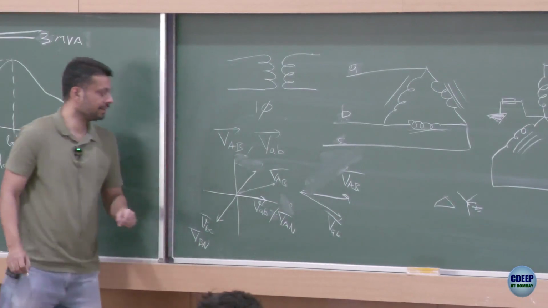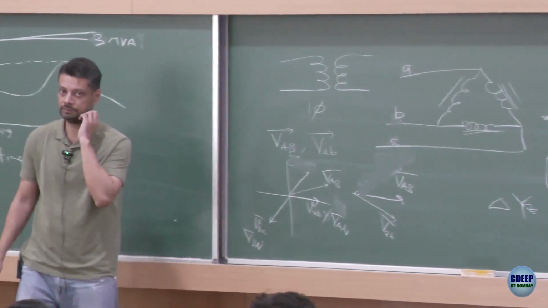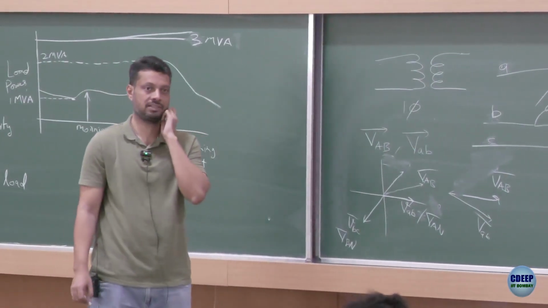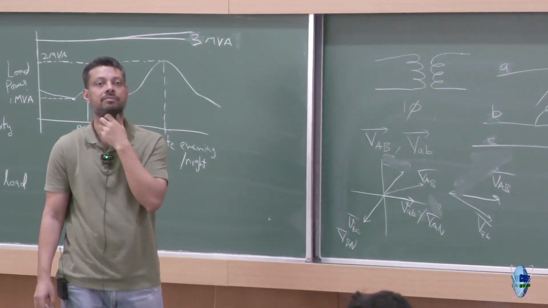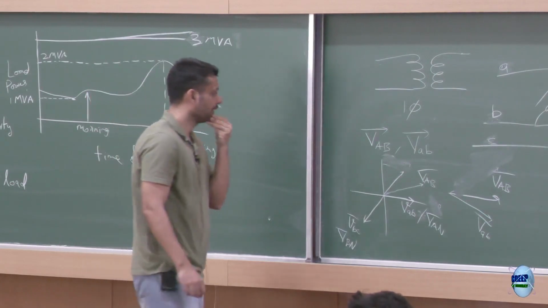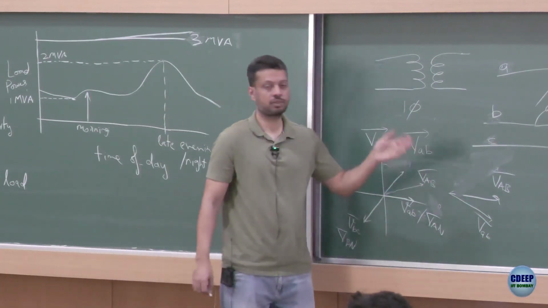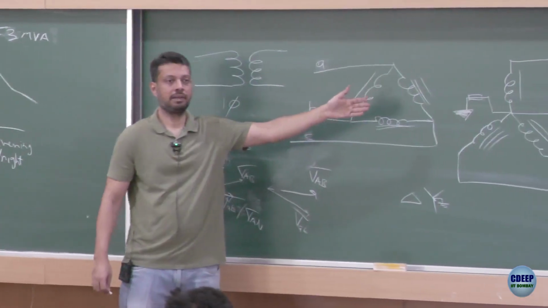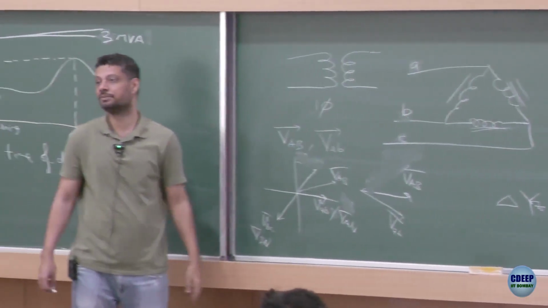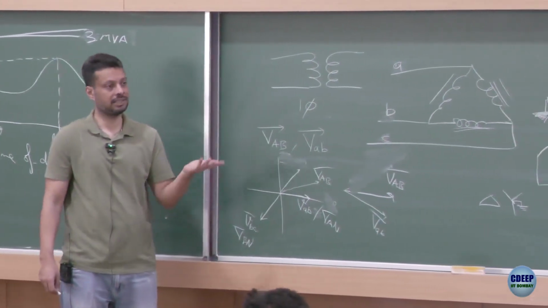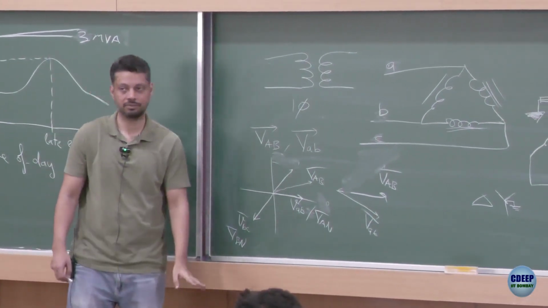So which one is leading, delta side or star side? Star side voltage is leading the delta side voltage by an angle of 30 degrees. Magnitude wise, of course, there is a turns ratio. In addition to the turns ratio, the star side magnitude would be √3 times more than the delta side magnitude.